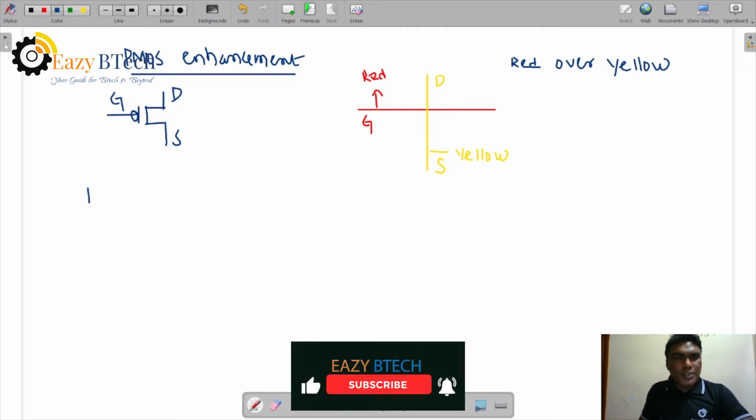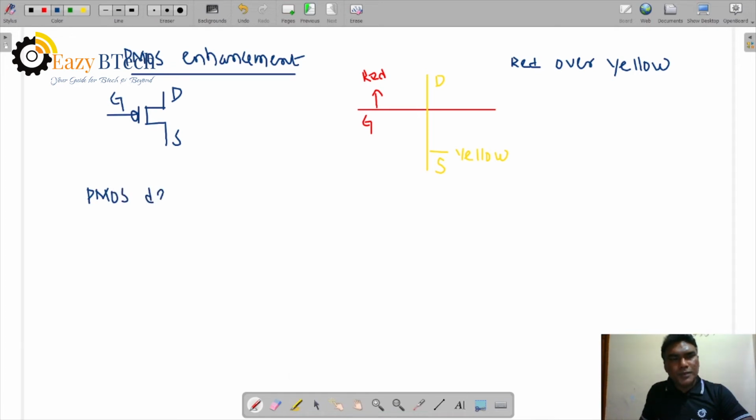Now the PMOS depletion mode transistor. Let us see the PMOS depletion mode transistor here.